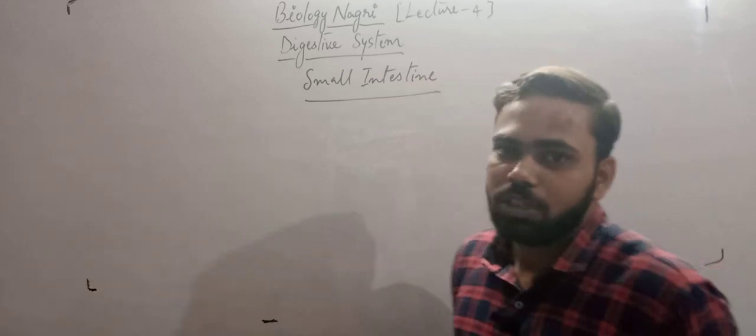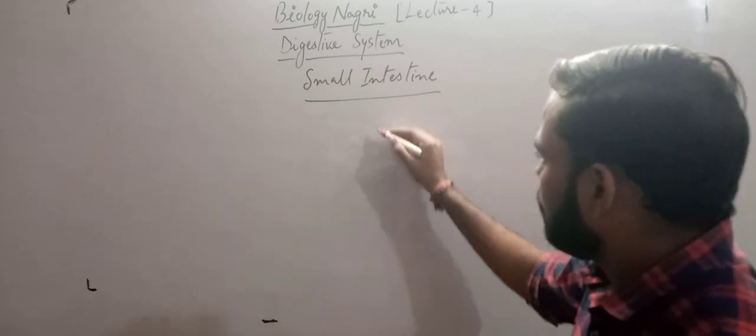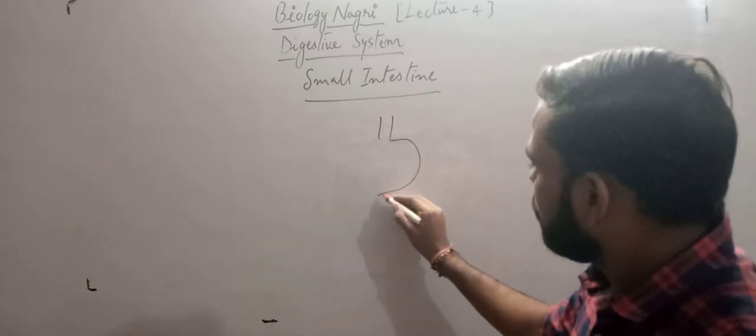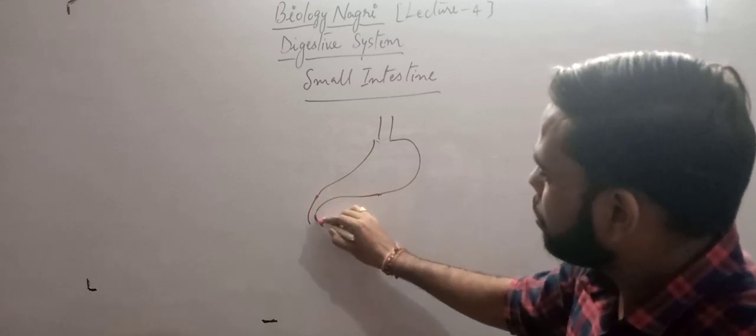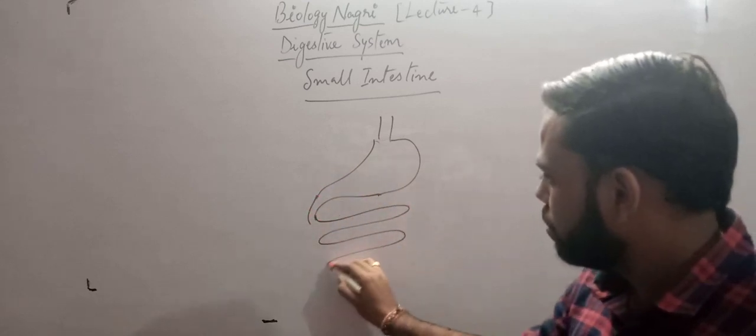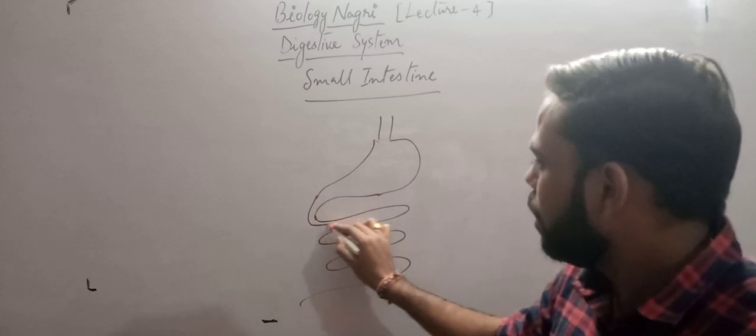So let's draw the small intestine for better understanding. This was the stomach, and after this stomach, the small intestine starts. This is a coiled structure.